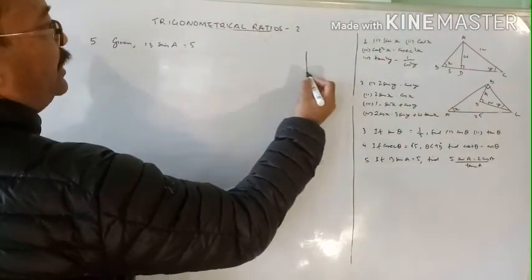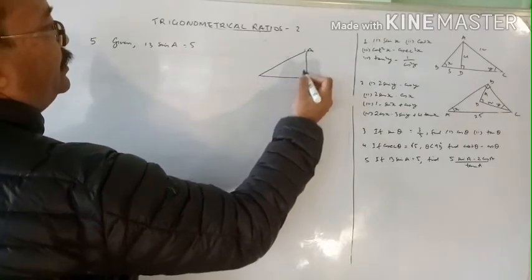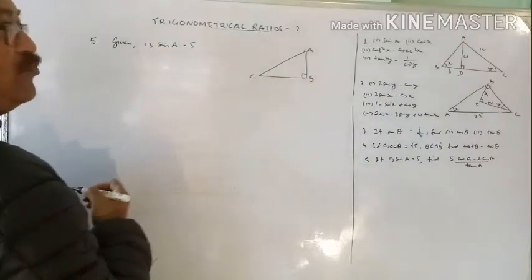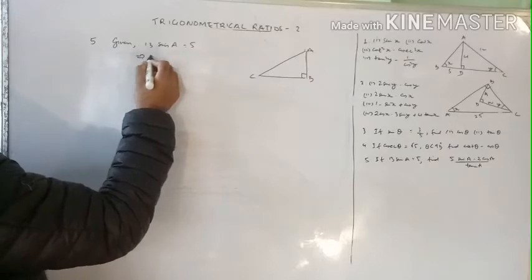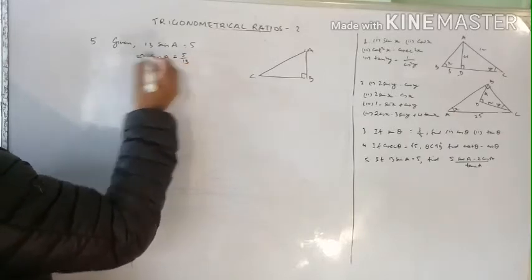So we take a right angle triangle ABC with right angle at B, same way. So here 13 sin A equal to 5 means sin A equal to 5 by 13.